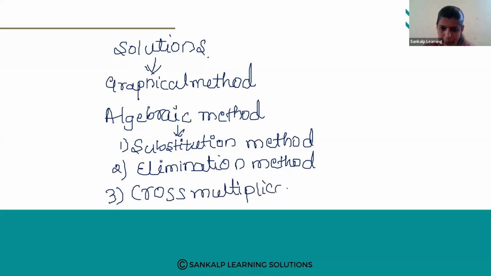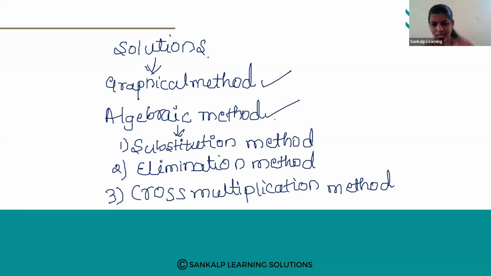So how many methods are there to find out the solutions for a pair of linear equations? Here we are going to use two methods. That is, one is the graphical method, another one is the algebraic method. In the algebraic method, again three methods are there: substitution method, elimination method, and cross multiplication method. This year the cross multiplication method is deleted. So we are going to study only two methods, that is the substitution method and the elimination method. Okay.